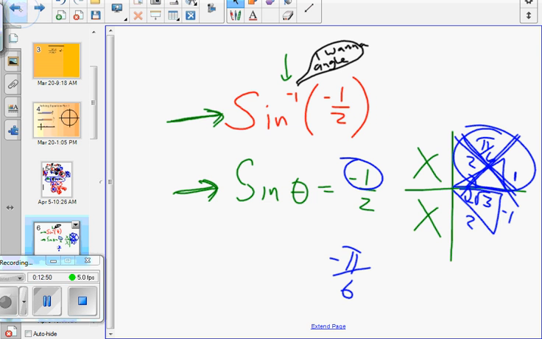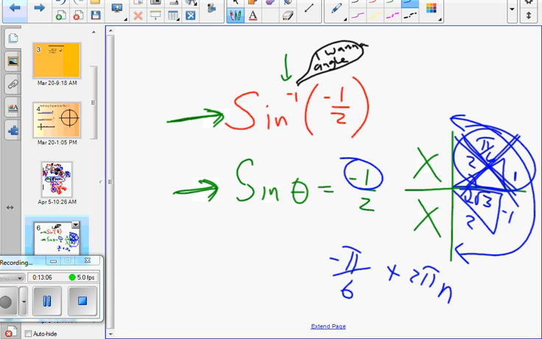I'm gonna reiterate something. Why don't you say plus 2 pi n in these kind? Because they can't go everywhere. They can only be between those two things, which is pi/2 and -pi/2. So if you've got the answer that's between -pi/2 and pi/2, that's the only place inverse trig can be.